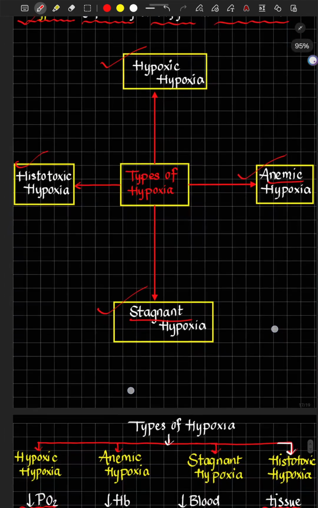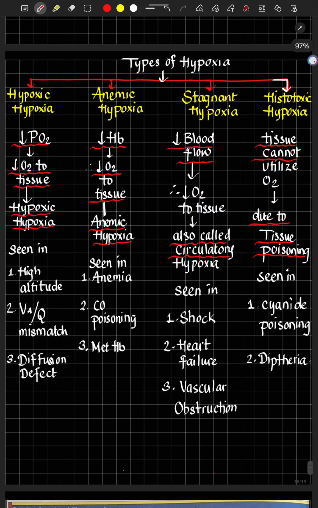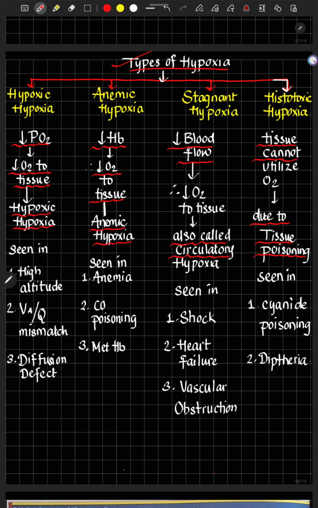So let's elaborate the types of hypoxia. Here we have come up to types of hypoxias. There are mainly four types of hypoxias, as we have seen in our last slide. First one is hypoxic hypoxia. Decrease in partial pressure of oxygen causes deficiency of oxygen to the tissues.